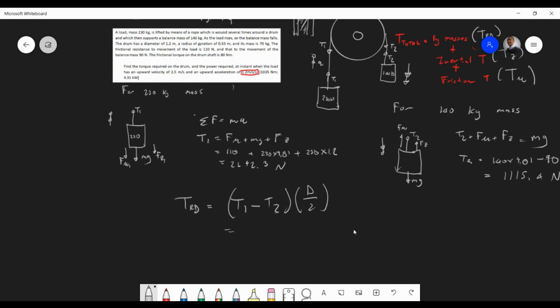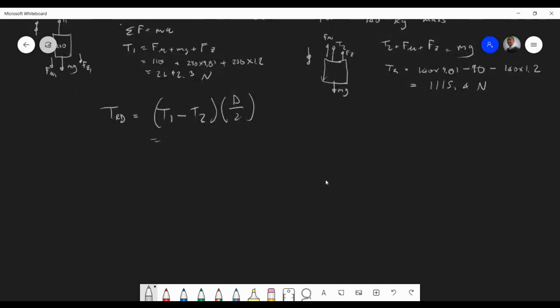It's a very important problem, this one, just giving you the overview of exactly how this works. So we have 264.23 minus 111 that, and the diameter is 1.2, so that's going to be 0.6. So I'll just write it as that.